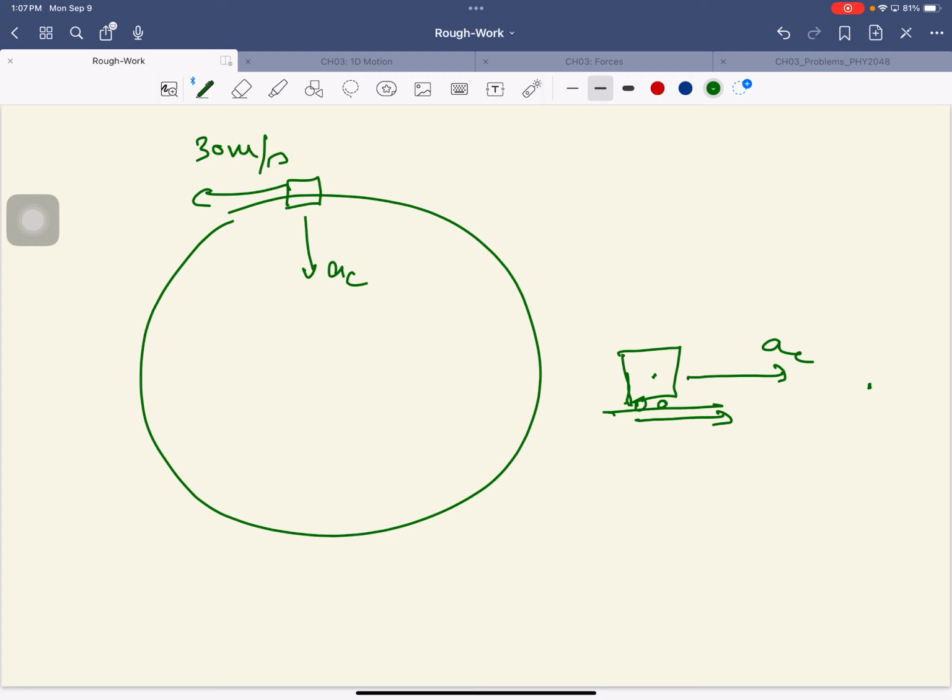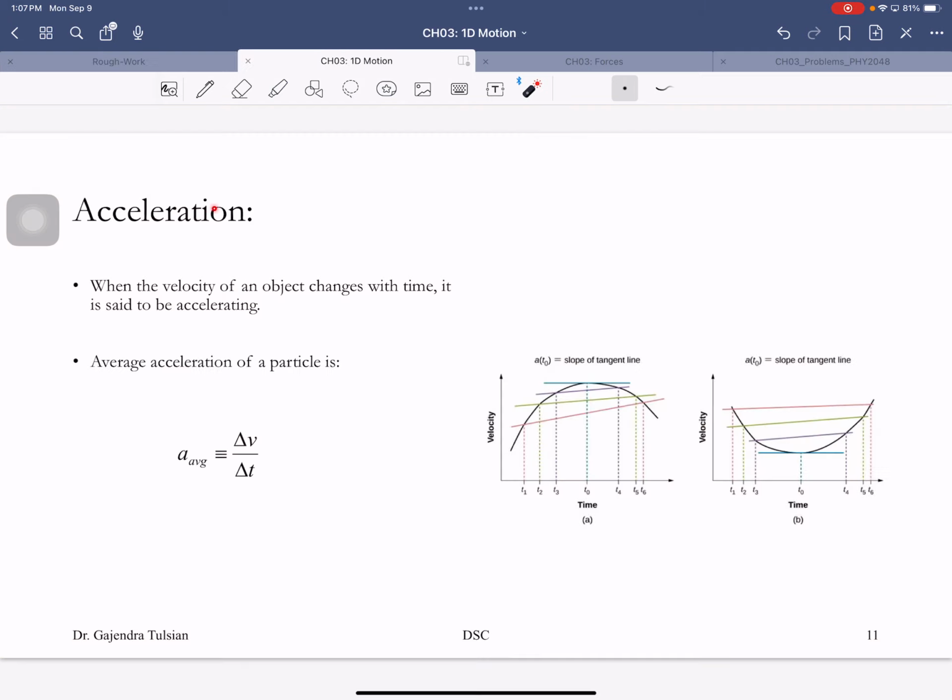Try taking an ice cube and throwing it on a circular path. You can't do that. So the friction force. Anyway, so the point is we'll look at objects going in circular orbits. We'll look at objects that have an acceleration, and then we look for where the force is coming from. Okay? All right.